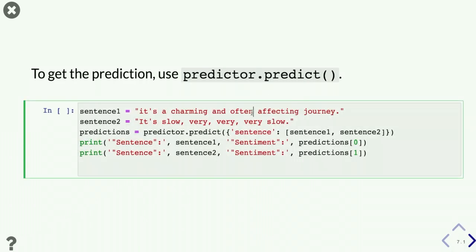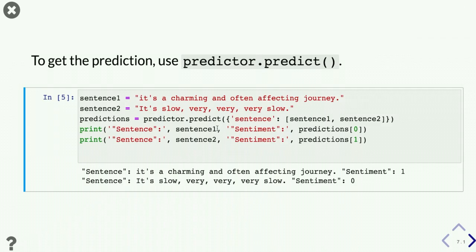Here I have two sentences. The first one is, "It's a charming and often affecting journey." And the second sentence is, "It's slow, very, very, very slow." To get the sentiment of these two sentences, we use predictor.predict, and we specify the sentence to be the batch of these two sentences.